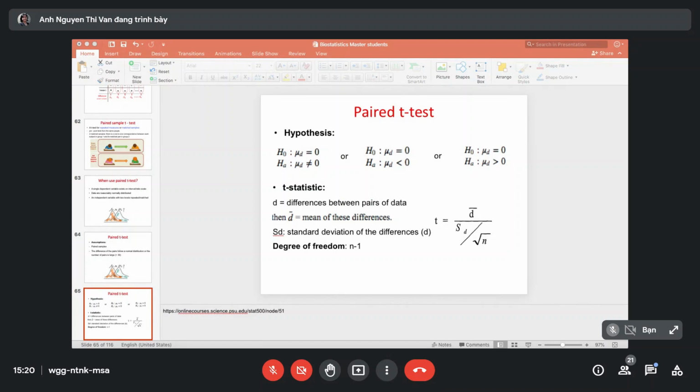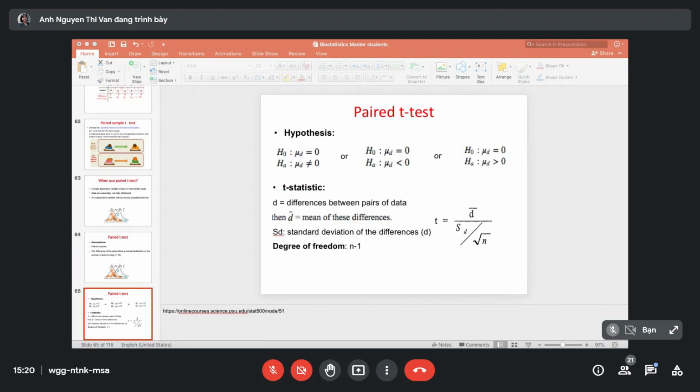What table shows you the t-value, the t-critical value? The table E. Yeah, table E, okay? And the degree of freedom here is n minus 1.